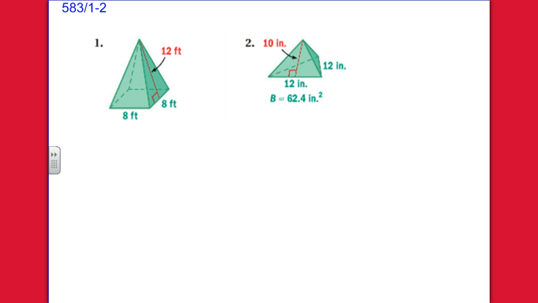So once again, we start with the formula for the area of a pyramid. It has 1 base area plus, we're going to walk around the base, perimeter of the base, times the slant height. Now those are triangles, so when I take each of those, I will have to divide by 2 to get all those triangles. Okay?